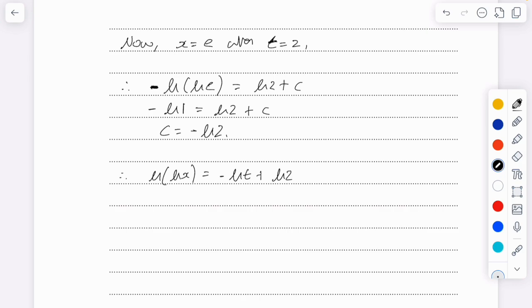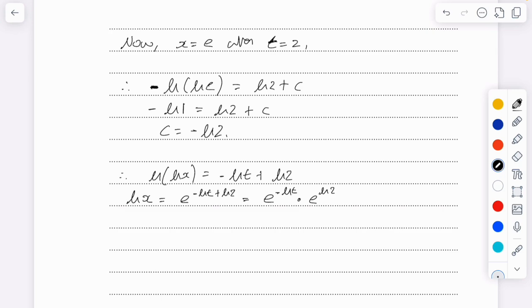Well, think about it like this. We can say that ln x is going to equal e to negative ln t plus ln 2. That's going to give me e to negative ln t times e to ln 2.